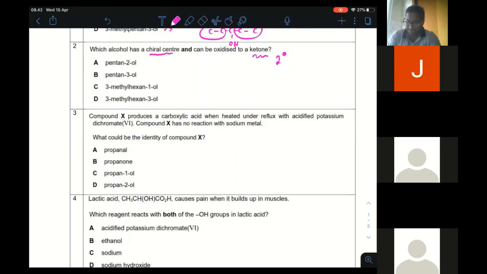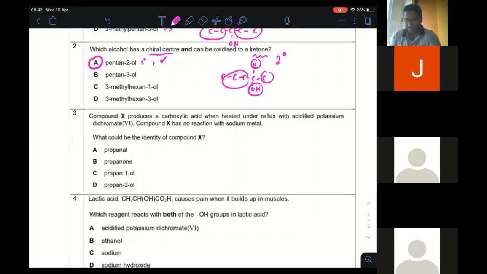For A, pentan-2-ol, this one is going to be secondary. Let's see whether it has a chiral center. Look at this carbon: it has one group, another group, another group, and another group. So it has a chiral center. The answer is going to be A then.